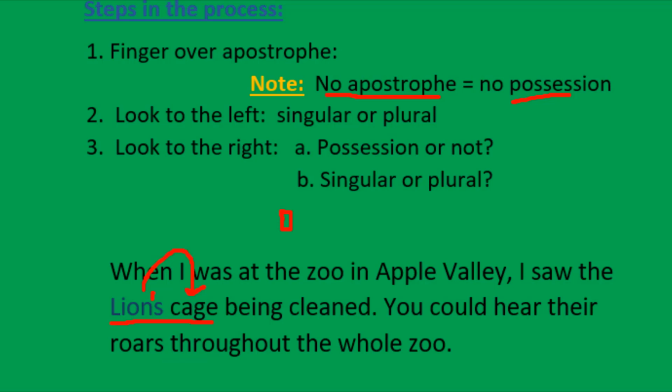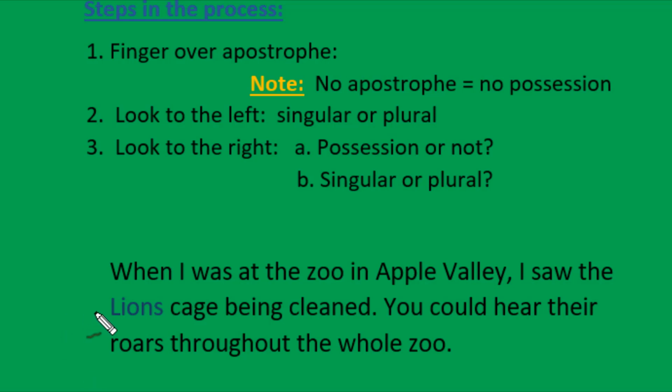But wait a second. Usually lions don't have a cage all by themselves, or do they? Could you put 2 lions in one cage? Like this? And say multiple lions live in one cage? I think so.